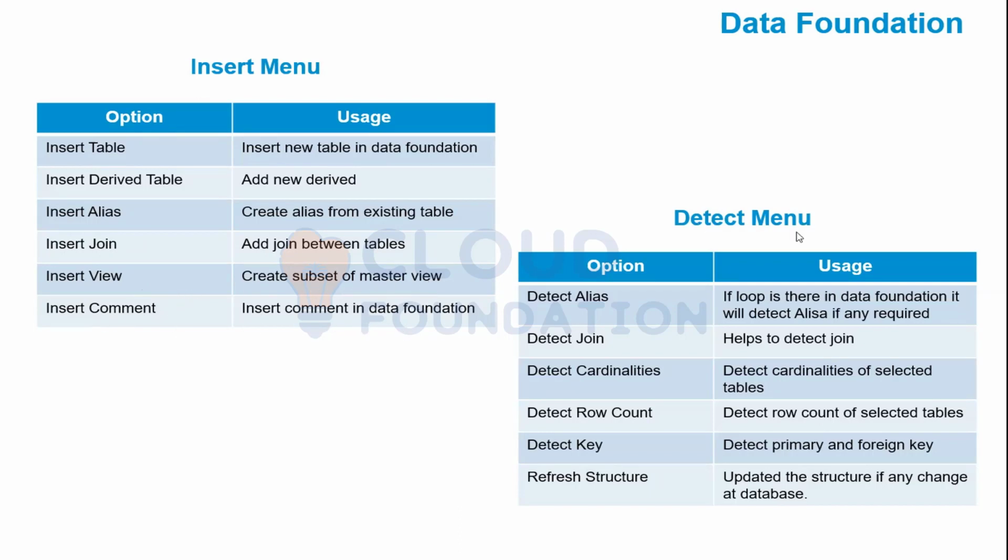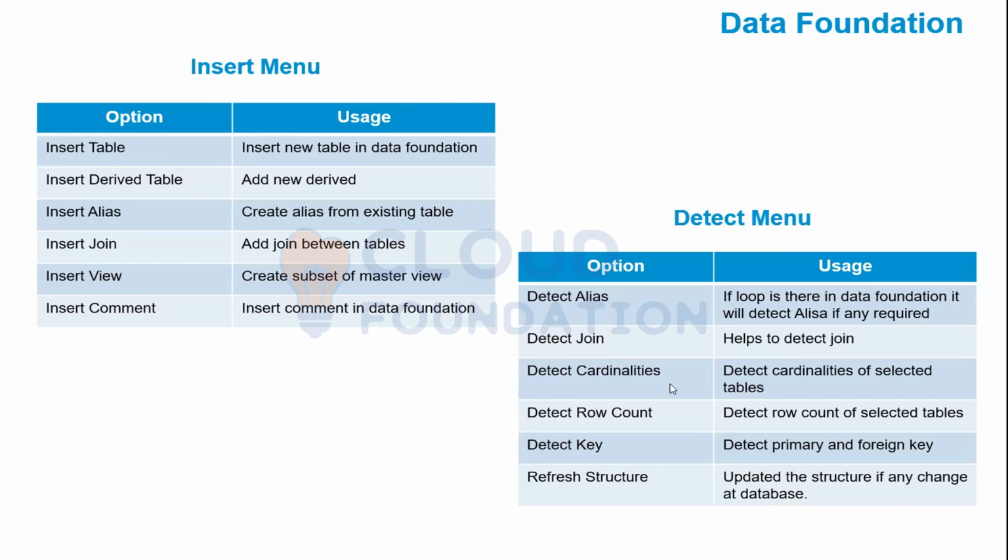We also have a detect menu in our data foundation. It automatically detects something, like if we are not sure which join to put, if we use detect join, the tool will suggest some joins. But it is always recommended to go as per our requirement. But sometimes we can use this detect join. And detect cardinalities, we always use this, like 1 to n or n to 1.